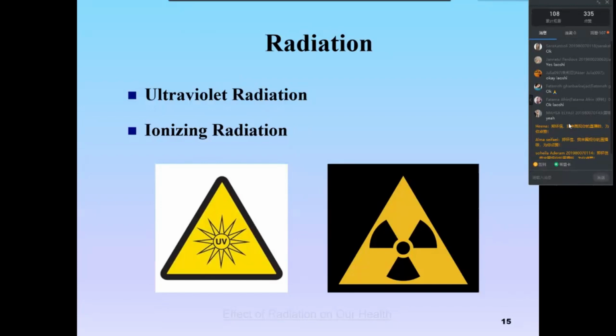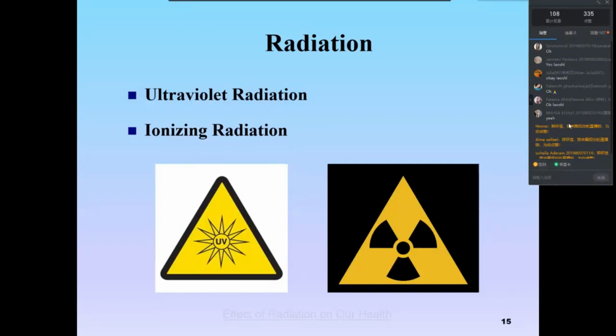So here are two types of radiation we are talking about. The first one is called ultraviolet radiation, UV for short. Another one is ionizing radiation. Ionizing radiation is radiation with higher energy than UV light, such as beta rays and gamma rays.